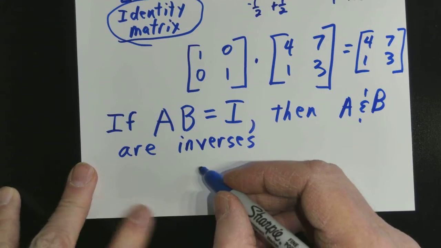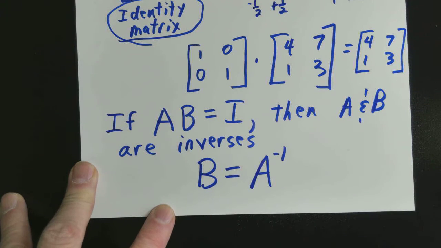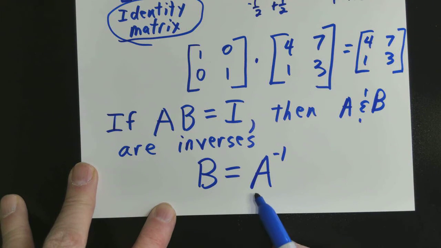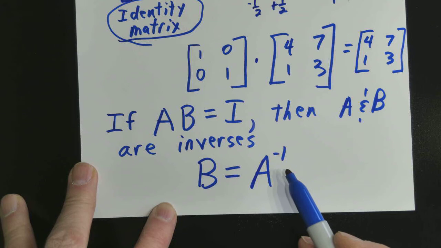And instead of writing B, we could write the inverse of A, A to the power of negative 1. Okay? Any questions on that?